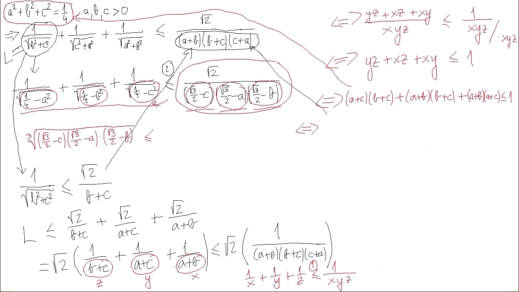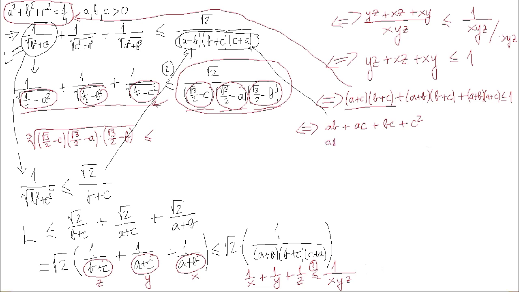Okay, let us try to multiply simply. AB plus AC plus BC plus C squared for the first term.